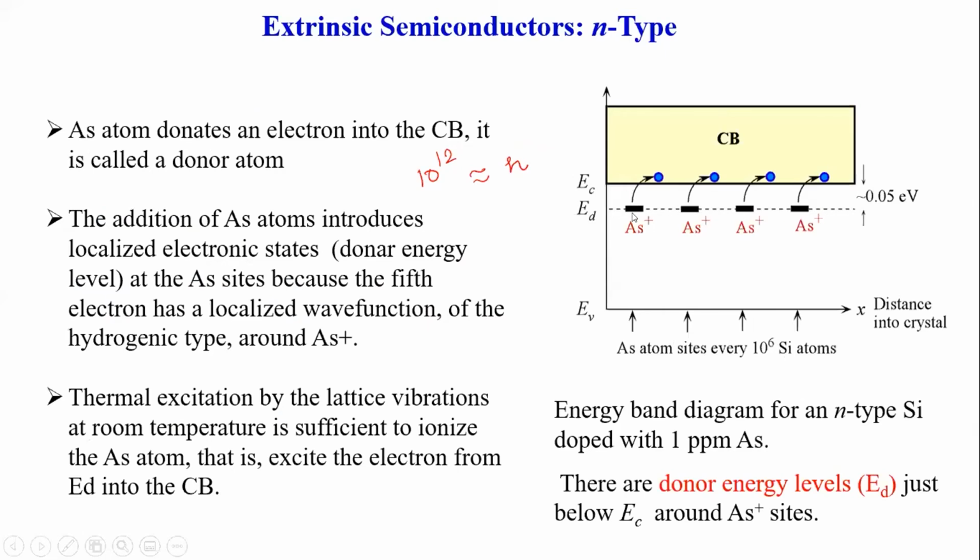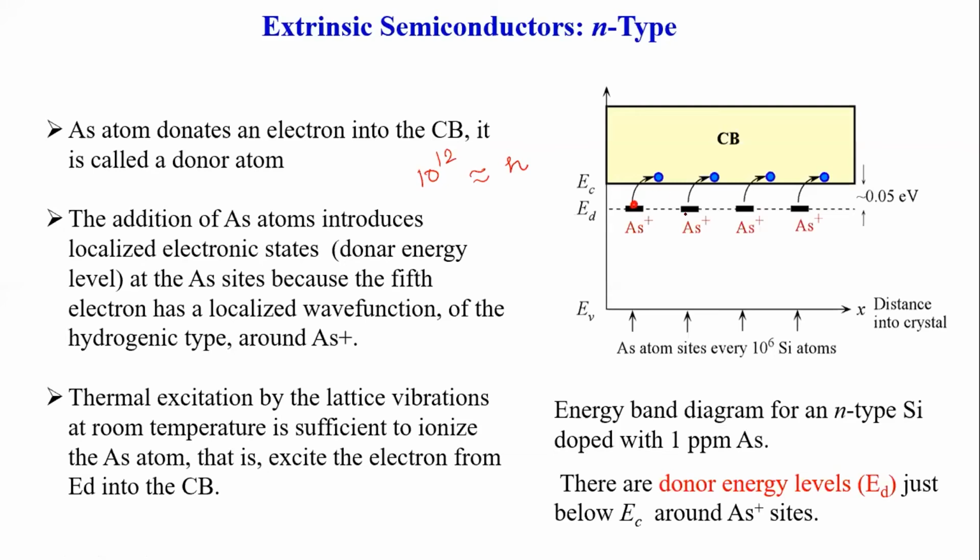When you give slight energy, this electron present in the arsenic will move away from the arsenic. That means you are ionizing the arsenic. Initially the arsenic is arsenic 0, with charge 0. When you give some energy, it will become arsenic plus.